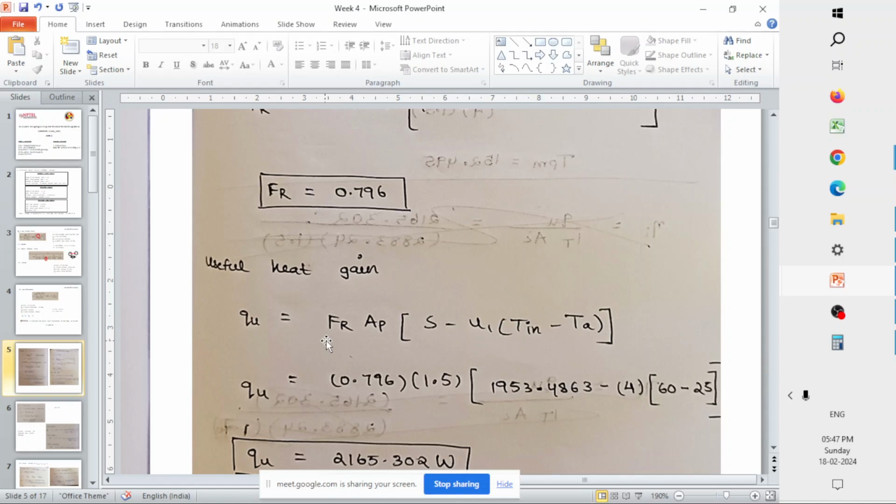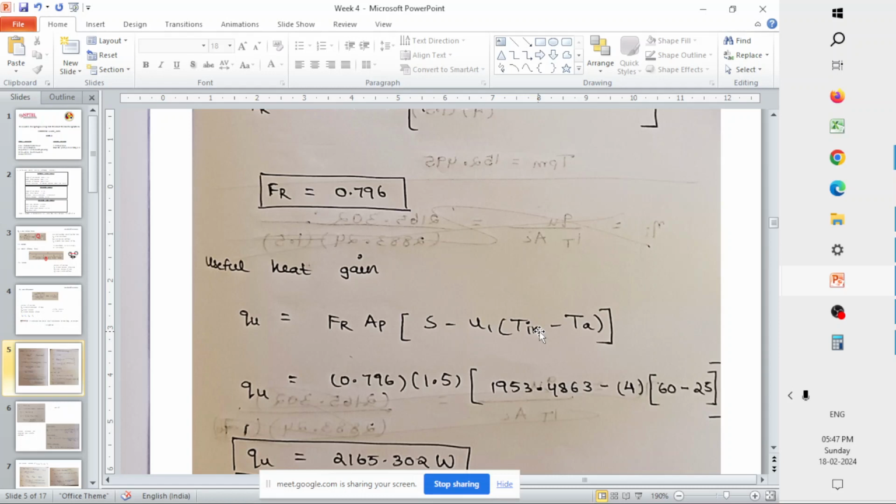So your FR is 0.796, AP is 1.5, your S, that is the solar flux that is incident onto and absorbed by the flat plate collector, is 1953.486, UL is 4, T in is nothing but the inlet temperature of the fluid, and TA is your ambient temperature. Here we are taking the ambient temperature to be 25 degrees Celsius or 298 Kelvin.